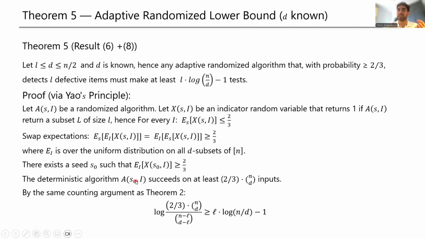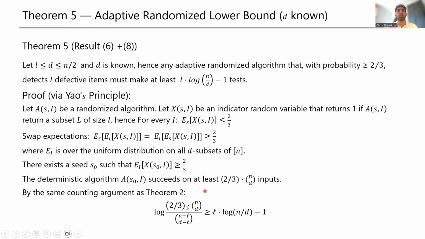We have an algorithm A with a static seed over an input that is distributed. And we know that it succeeds on 2/3 of the overall possible inputs, which is the N choose D defective items. So from this information, we can use theorem number 2, which we proved earlier, where we split the group into L subsets.